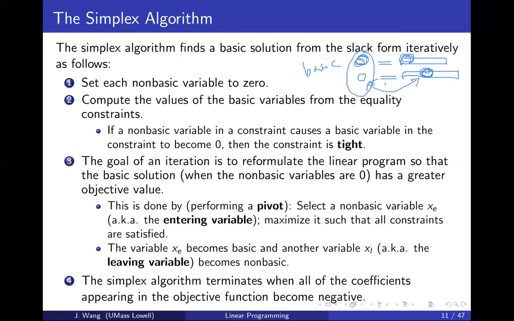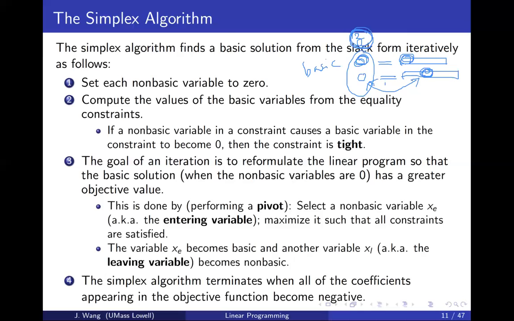And then we are going to make a new equality, so change this form to a new form. Now, is this still the same equalities? But then we are going to replace the objective function so that the form of the objective function will be changed.